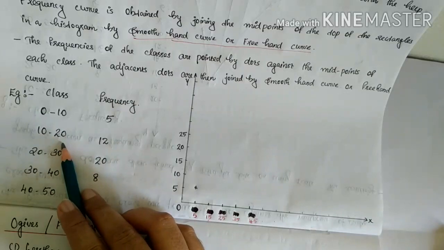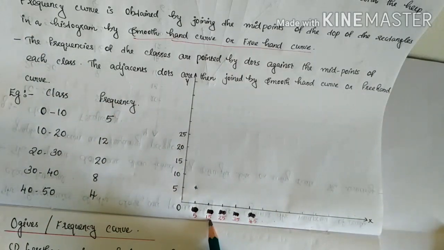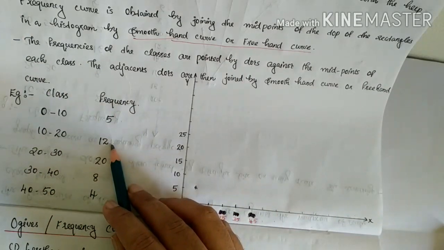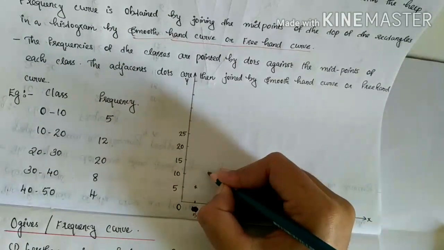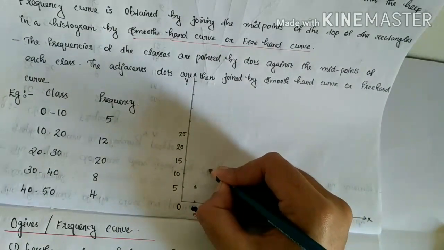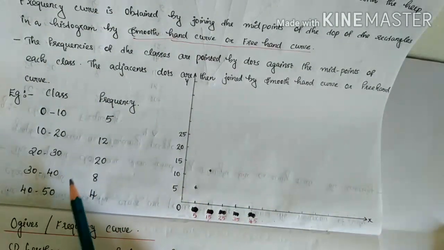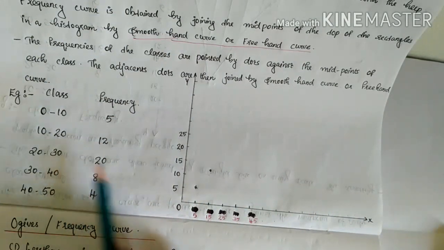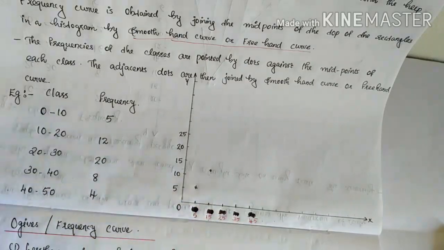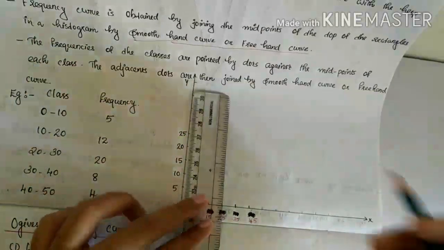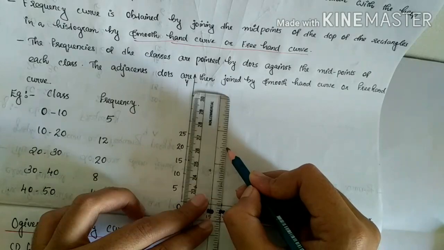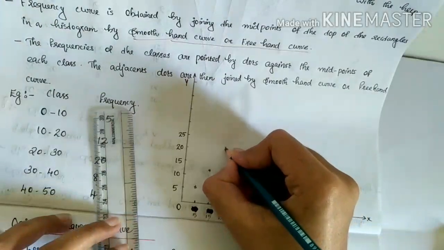And for the class 10 to 20, the midpoint is 15. Its corresponding frequency is 12. So you have to mark the frequency point here. It's about 10. And for the class 20 to 30, the midpoint is 25 and its frequency is 20. So you have to mark a point here.